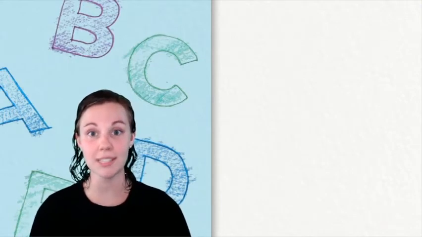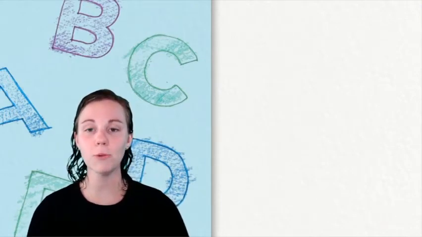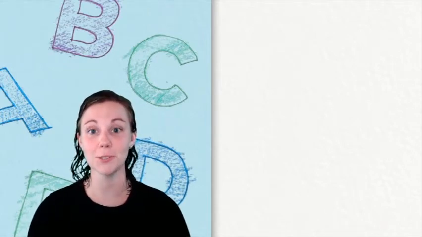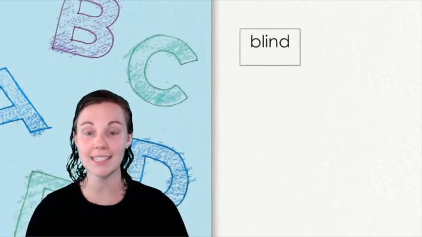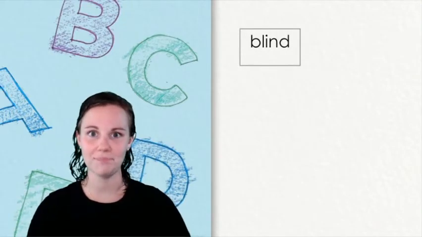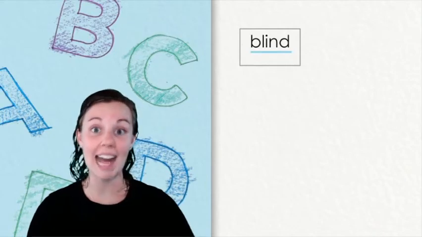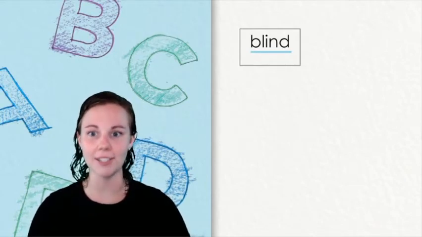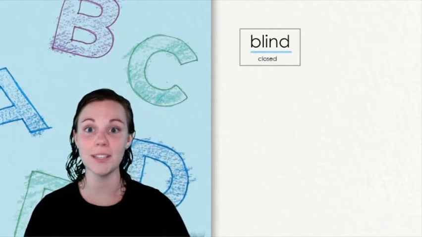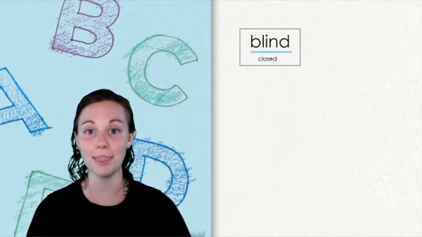Let's read these words together and identify which syllable types we have in the words. Here's the first one. What does it say? Blind. We notice this ind pattern, and like I said, it appears to be a closed syllable, but it has that long vowel exception.